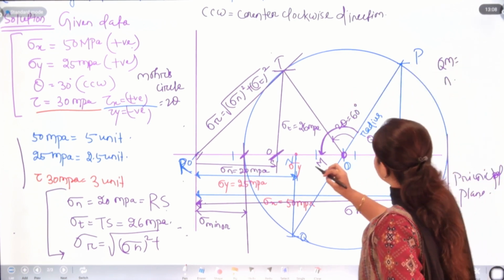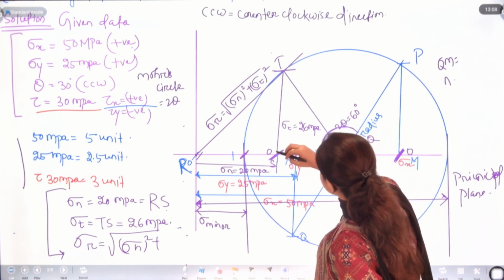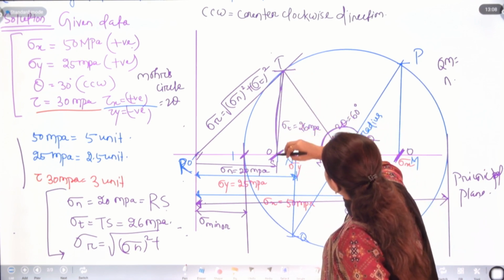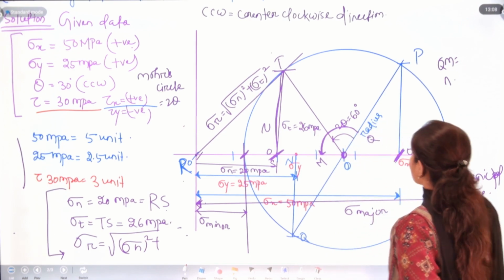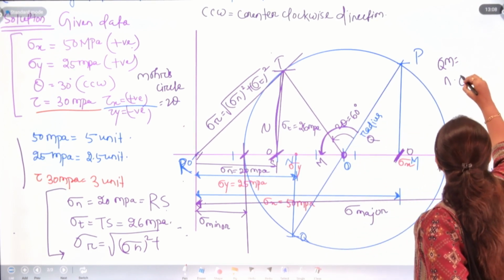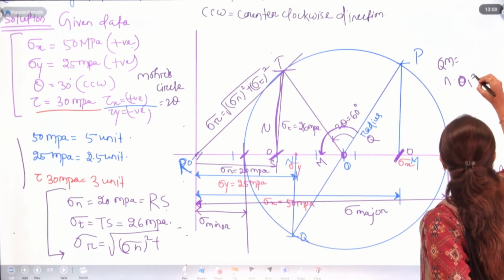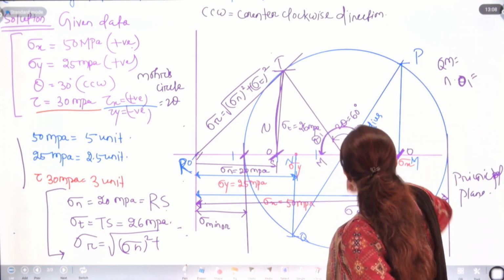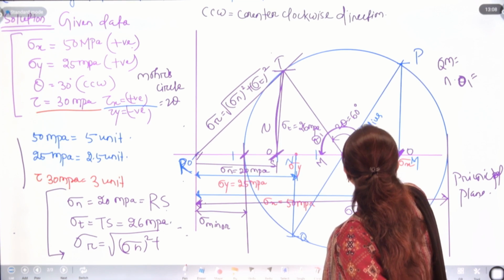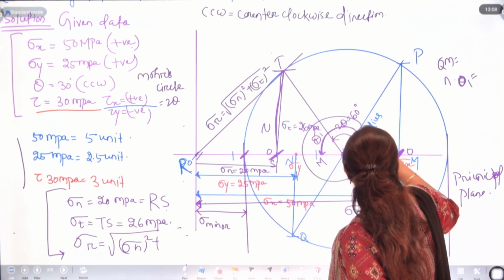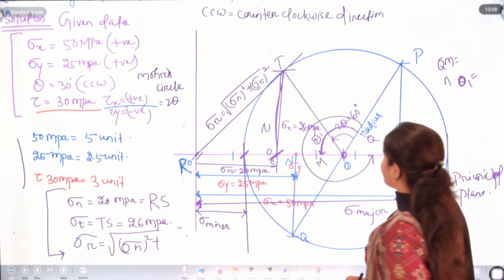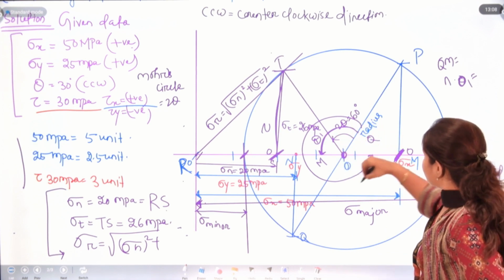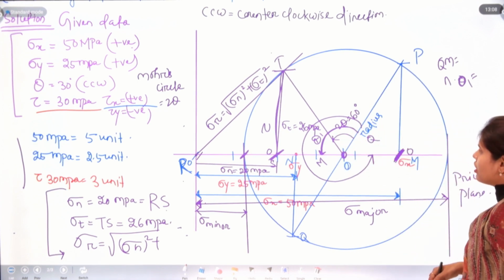Direction of which one? For this shear stress or tau value. Let's take that as theta 1. This angle will be your theta 1, and for this you need to draw up to this point. Okay. After measuring it, you can find out the angle.